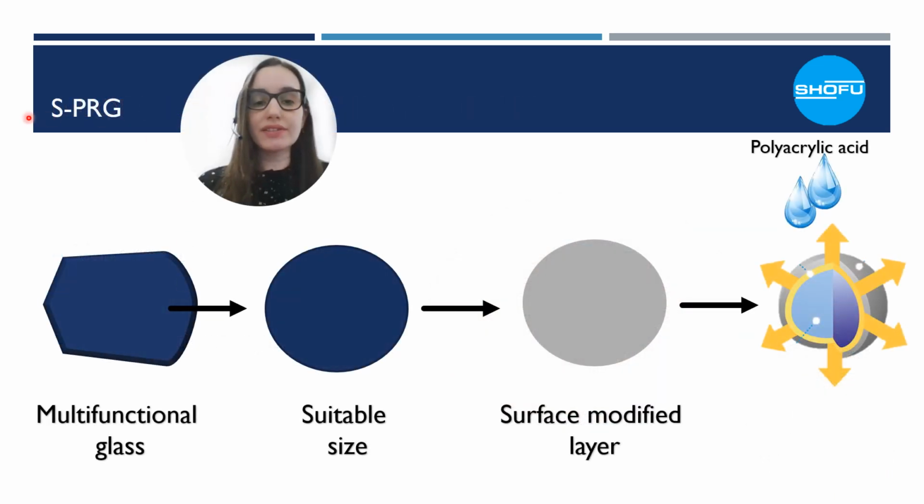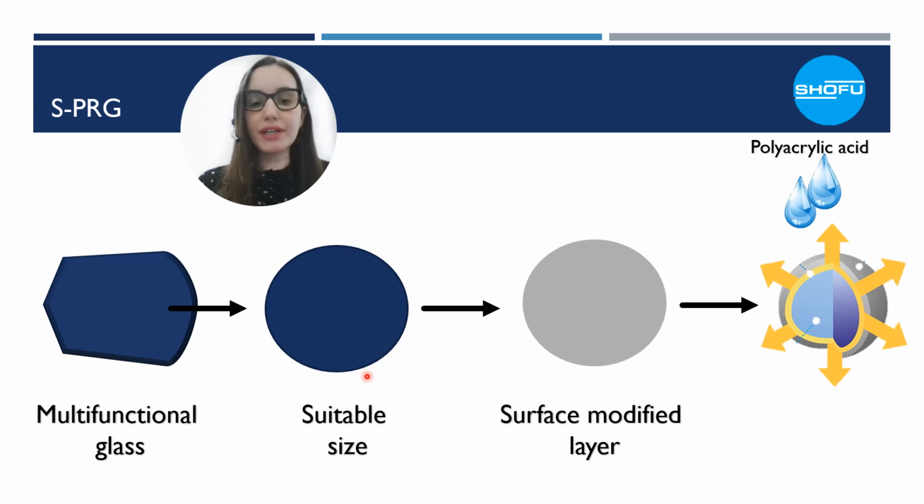So let's understand how it works. The pre-reactive glass ionomer surface corresponds to the final process in which this multifunctional glass developed by Shofu reaches a suitable size. So this is the first step to develop the SPRG fillers.